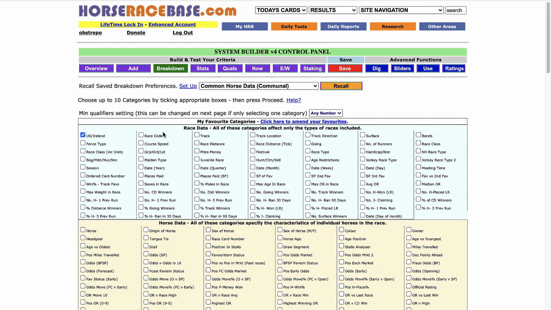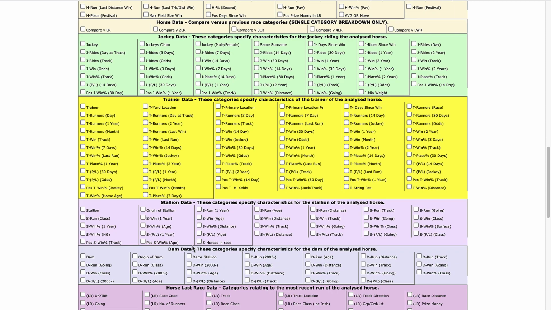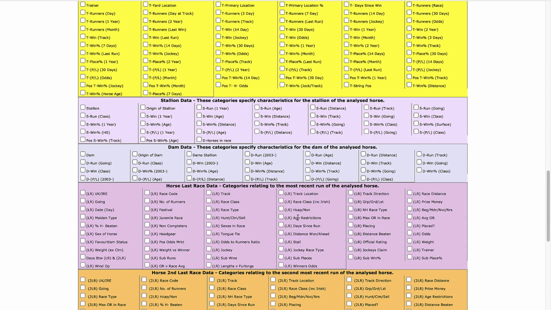So UK and Ireland, number of runners, handicap, race distance, race class, headgear, horse sex, horse age, odds, and days since last run.